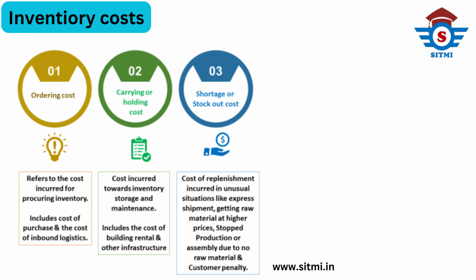Or, because there is no raw material, the production or assembly line is stopped, creating an idle situation which is not healthy for a business. Shortage cost can also be a customer's penalty because of non-availability of material on time.